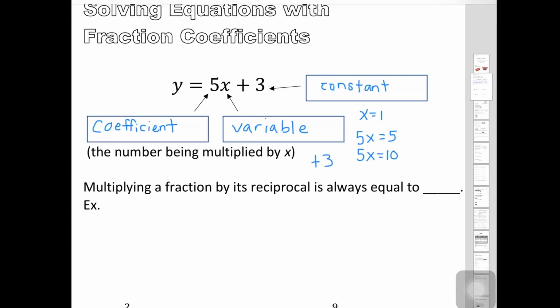So as we go on and we look here, if you're going to be multiplying a fraction by its reciprocal, they are always going to be equal to 1.